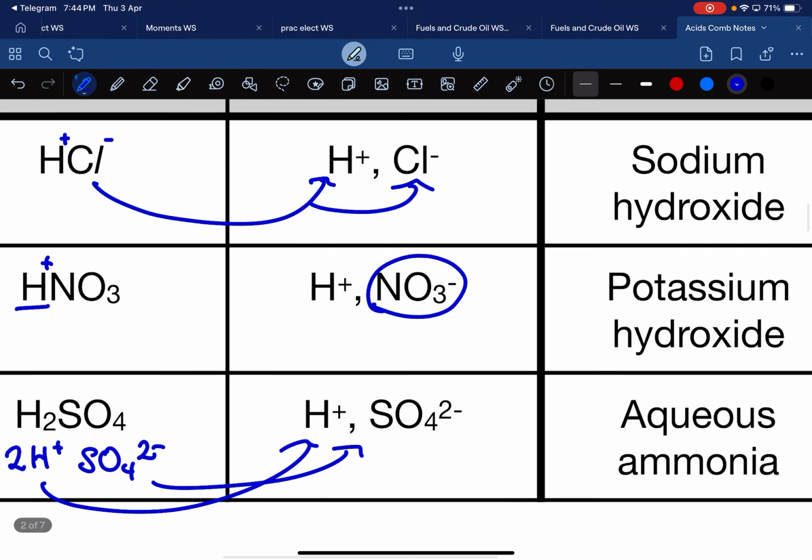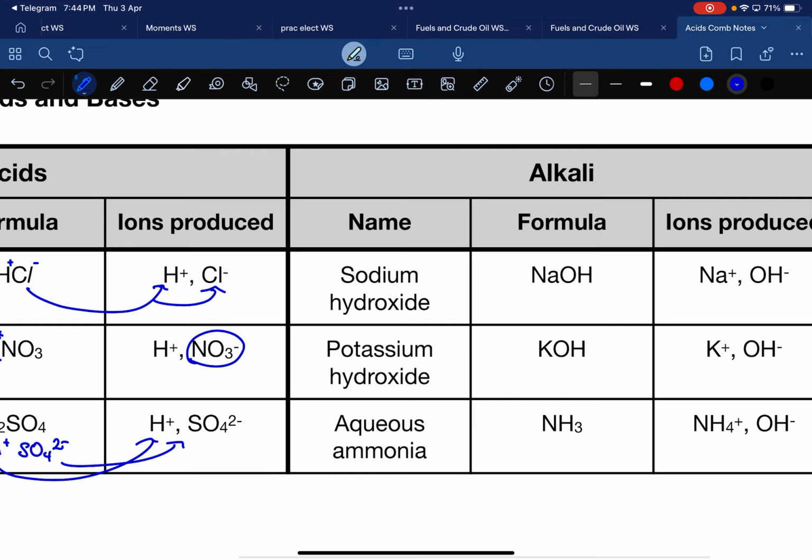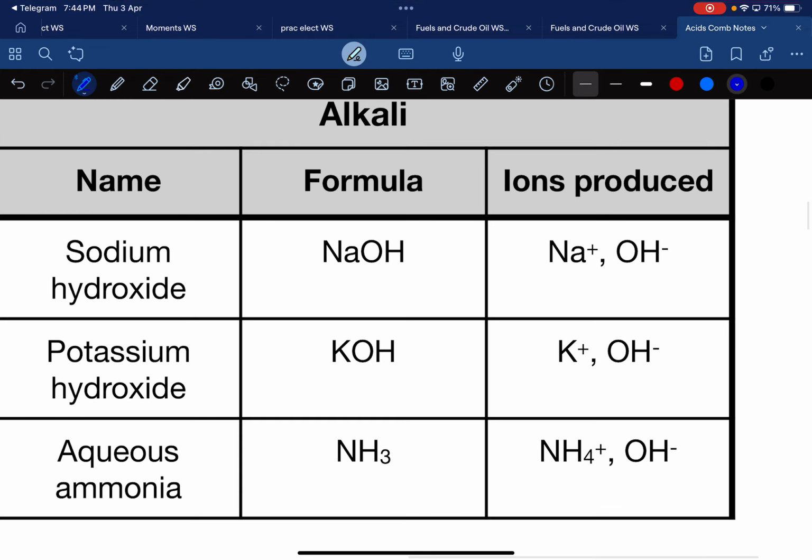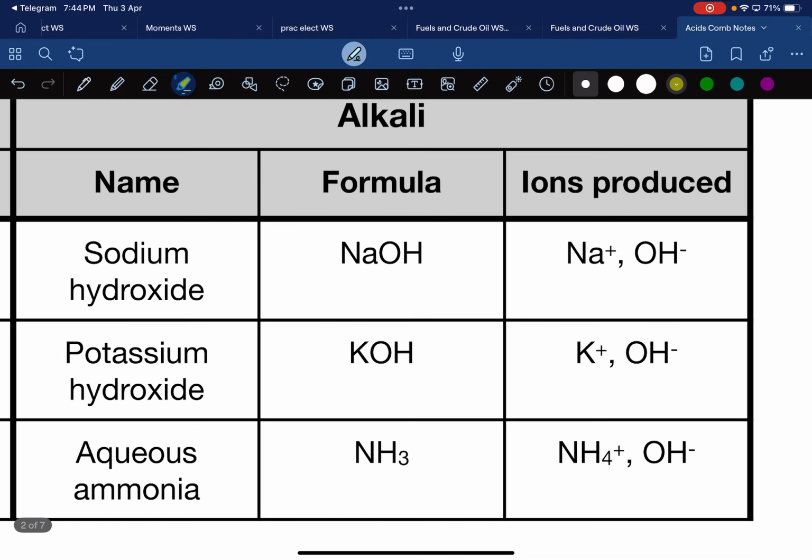Easy? Then we have our alkalis. Sodium hydroxide is a very, very famous one. Remember what alkali is? Alkali is a base that can dissolve in water. Your base is your metal hydroxide or your metal oxide, correct? So your metal hydroxide, when you split that, you will get the OH-.